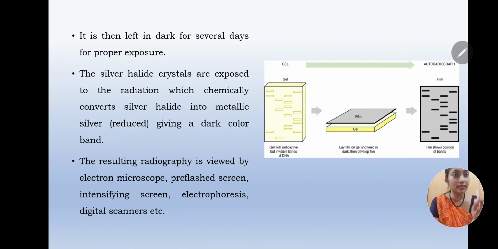And the next thing to keep in mind is that this autoradiography technique is done in dark, because if the photographic film is completely exposed to light, then the whole photographic film becomes black. So therefore this is done in dark conditions.